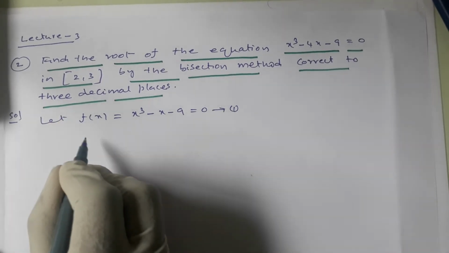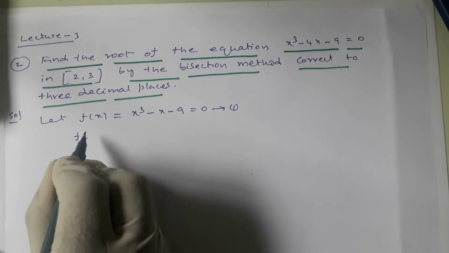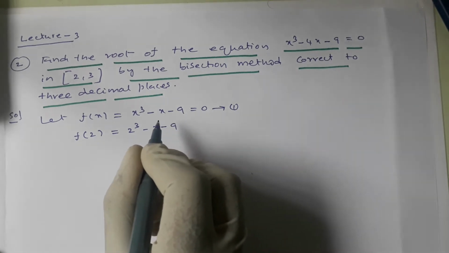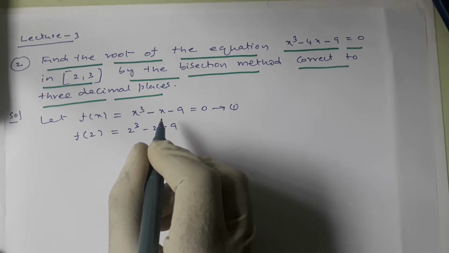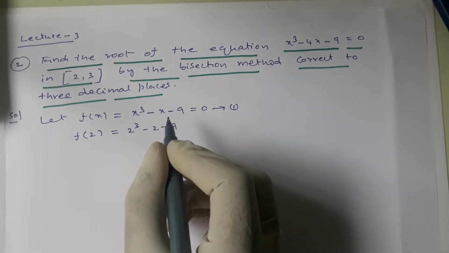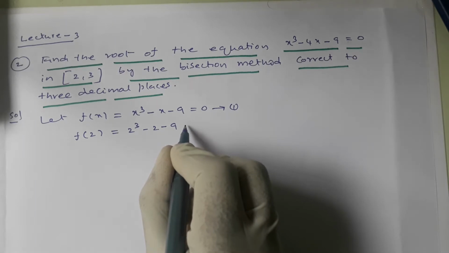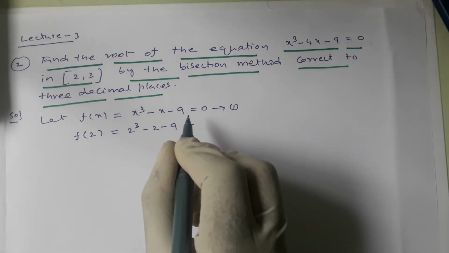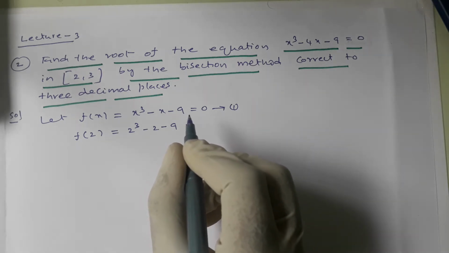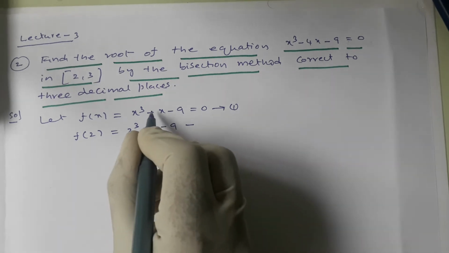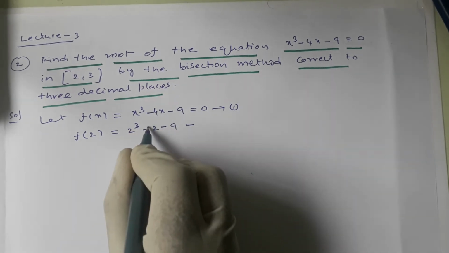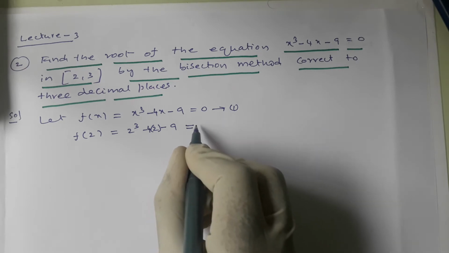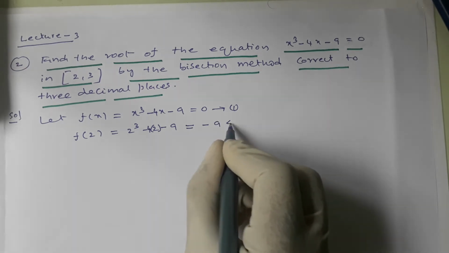Put the upper and lower bounds of the interval in place of x. f of 2 is equal to 2 cube minus 4 into 2 minus 9, which is 8 minus 8 minus 9, equal to minus 9, which is less than 0.